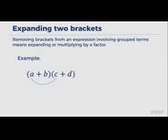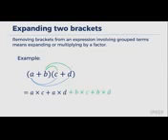That is, we will do a times c, and we will also do a times d. And this should give us a times c plus a times d. Then we will consider the second term, which is b, and multiply it by each of the items in the second group. So we will have b times c being added to b times d, and this should give us b times c plus b times d.